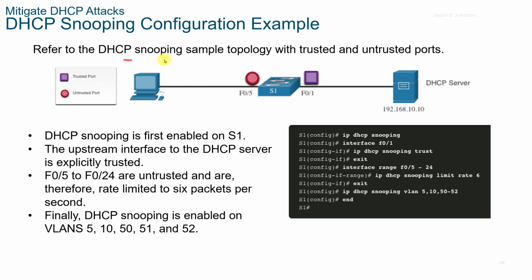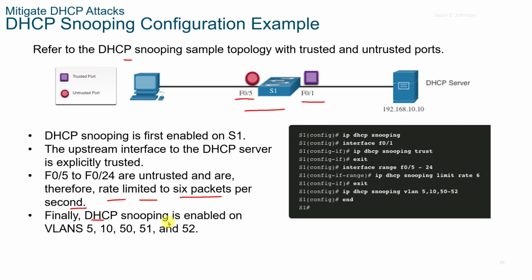If we refer to the DHCP snooping sample topology with trusted and untrusted ports here, DHCP snooping is first enabled on switch 1, and then the upstream interface to the DHCP server is explicitly trusted. Then F0/5 to F0/24 are untrusted and are therefore rate limited to 6 packets per second.